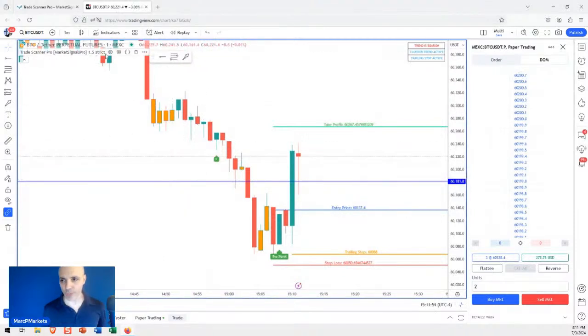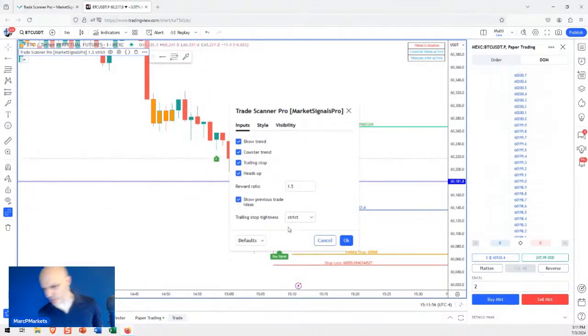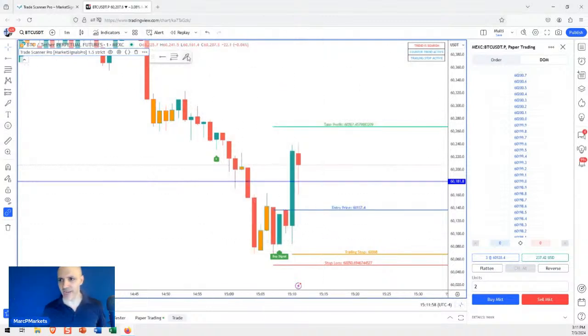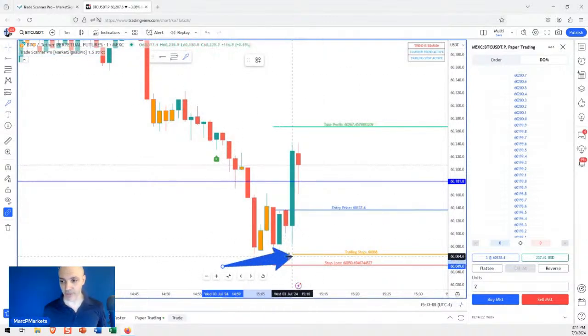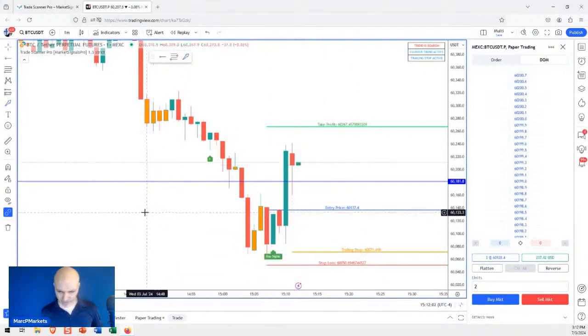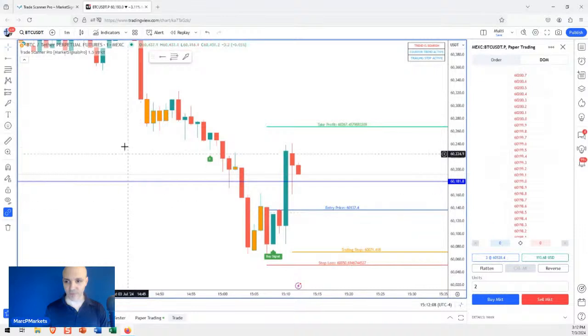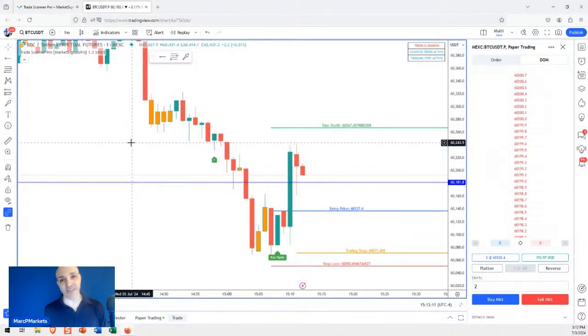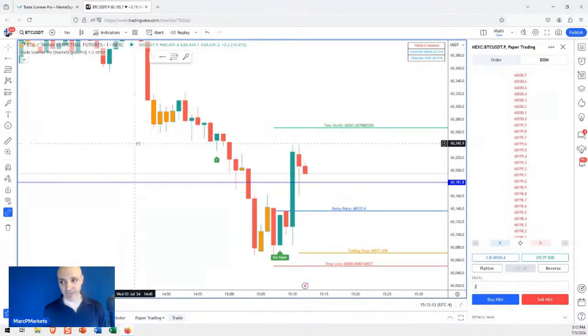So I just switched it to strict, and it moved the stop here. Okay, you see that? Is it reversed in the update? Because I know this version here is now an older version, but we haven't pushed the most recent version yet.